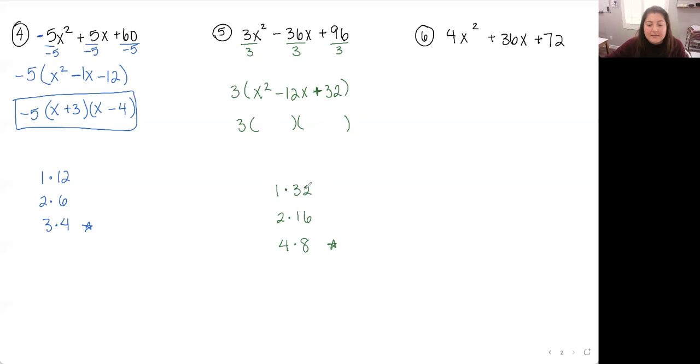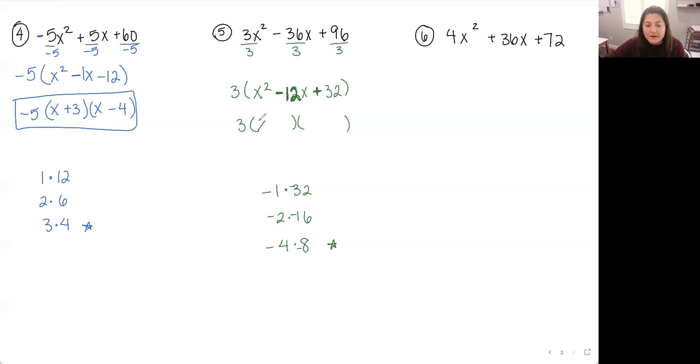That must mean that these are either both positive or both negative. Because I'm looking for a negative 12 for my factors to add up to, because it's supposed to be negative, they're all going to be negative, right? So if I add negative 4 and negative 8, I'm going to end up with negative 12.